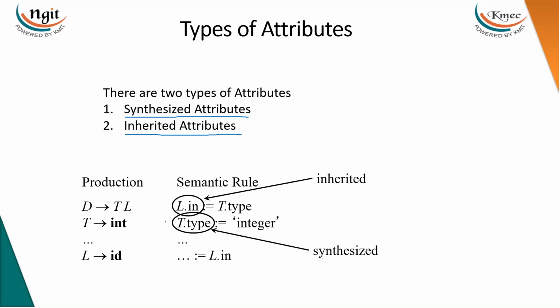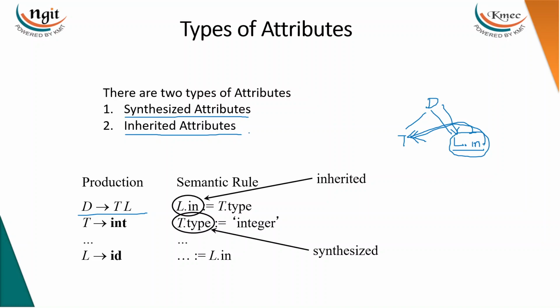But for example, if you take this action, guys, D tends to TL. Now when you are executing this action rule, we can write L dot in equivalent to T dot type. So this L value is depending on its sibling, not on children, right? So if an attribute value is evaluated from its sibling or from the parent, then we can call it inherited attributes.